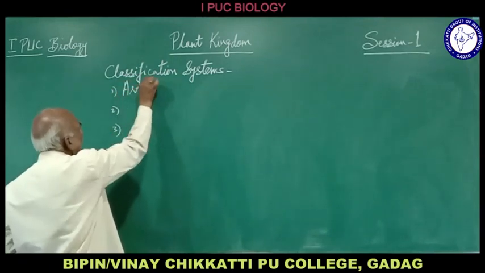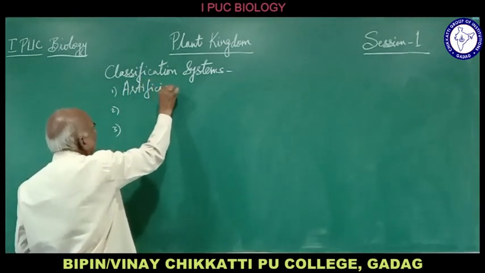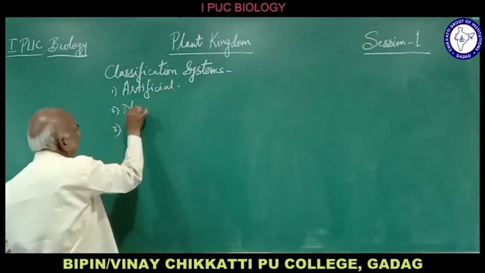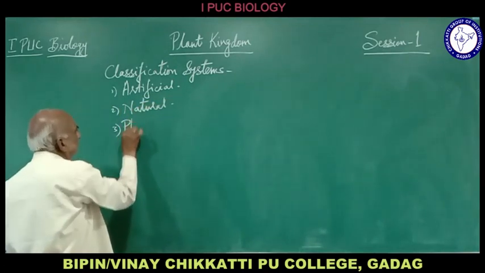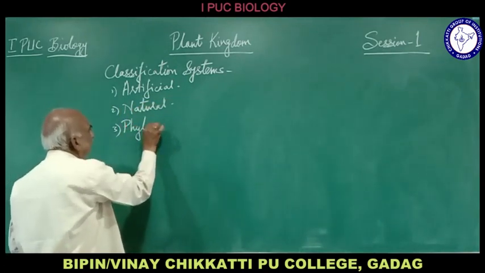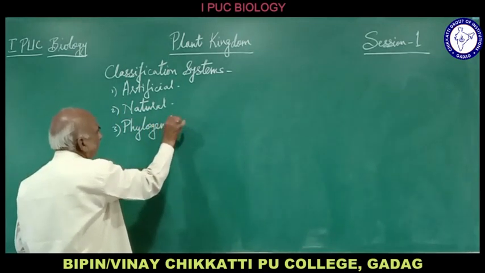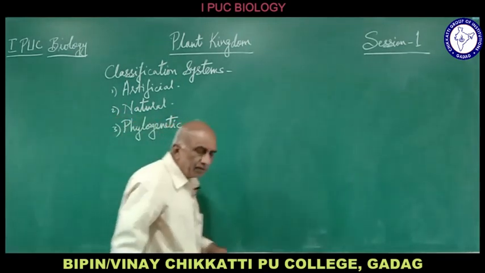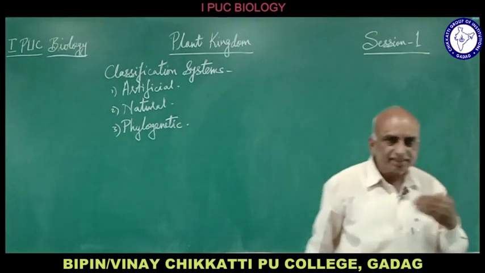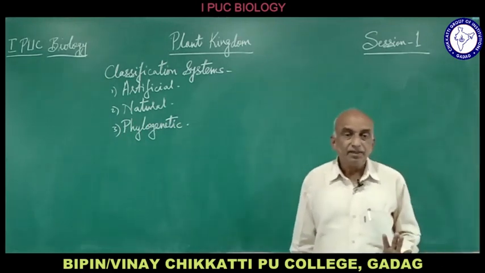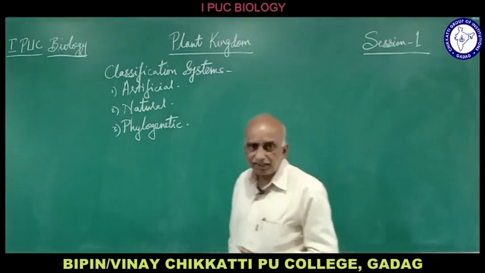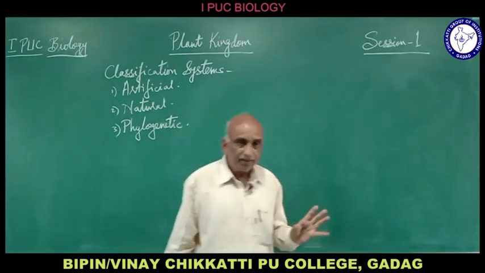One type of system is called the artificial system. Another type is called the natural system. Another type is called the phylogenetic system. So if anybody proposes a system of classification, it may be an artificial system, a natural system, or a phylogenetic system.